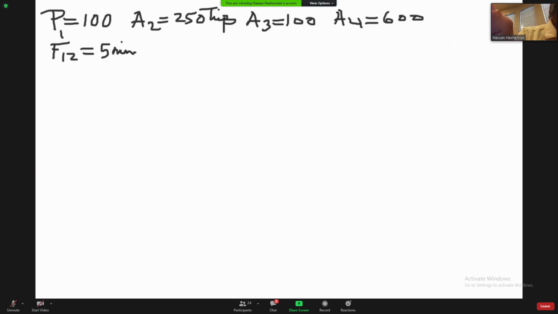And then from 1 to 3 is equal to 10 minutes. And from 1 to 4 is 15 minutes. Okay. Assume that all Kij factors are equal to 1.